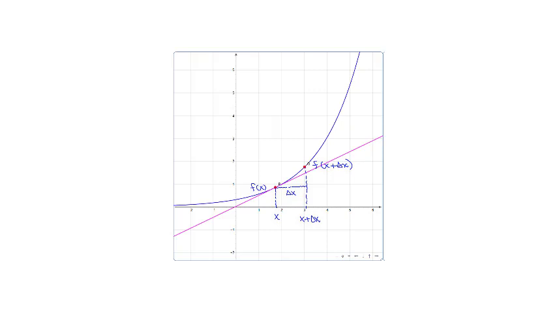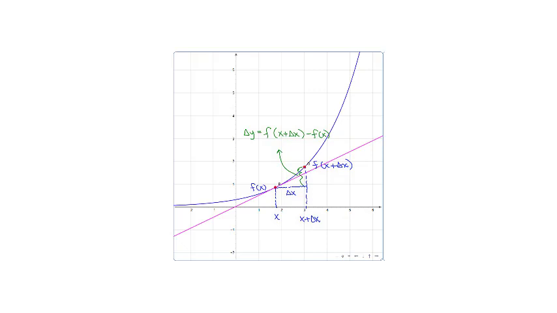If I just take that new x value and plug it into the function, that gives me the height of point Q. So that point is exactly where Q rests. The distance from here to here is delta y, and delta y is precisely the value f of x plus delta x minus f of x. So we can calculate the change in y based off of what the change in x is.